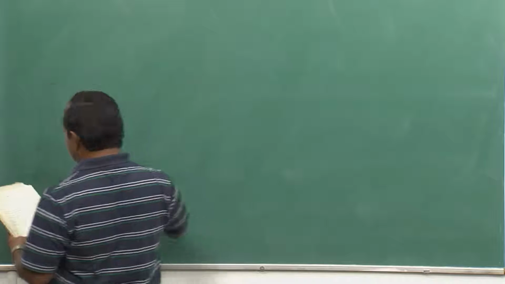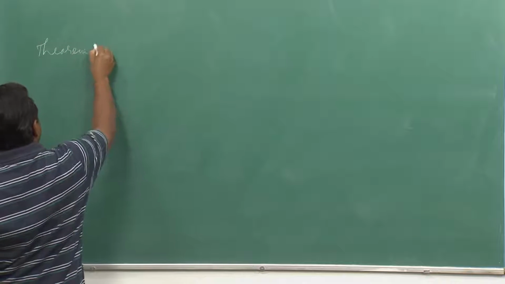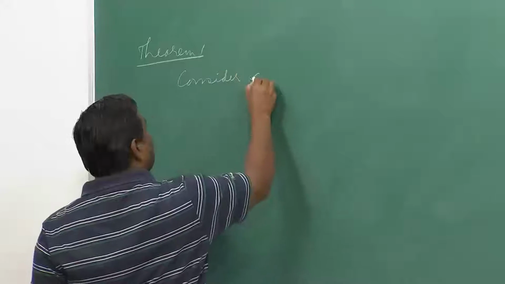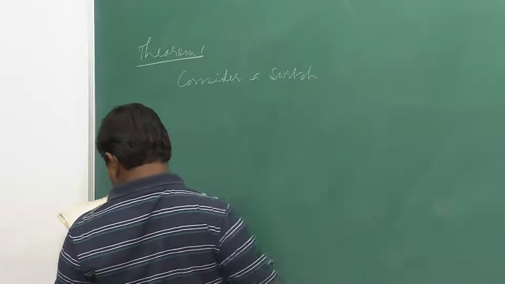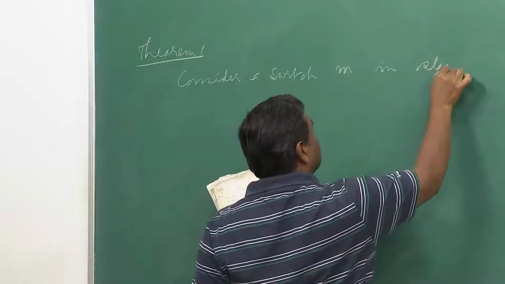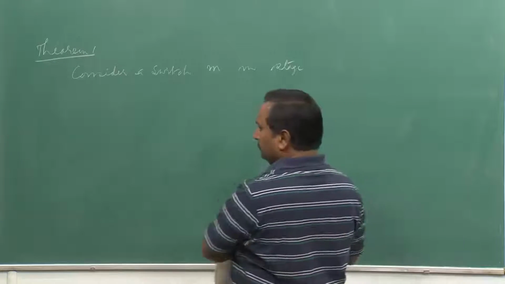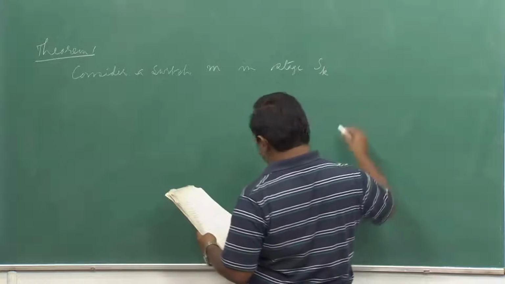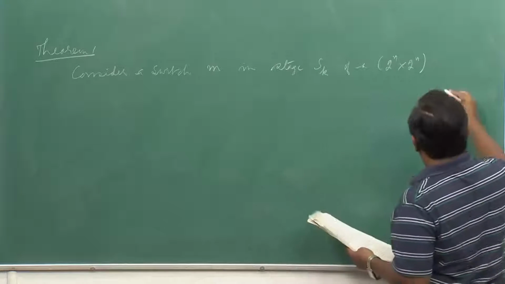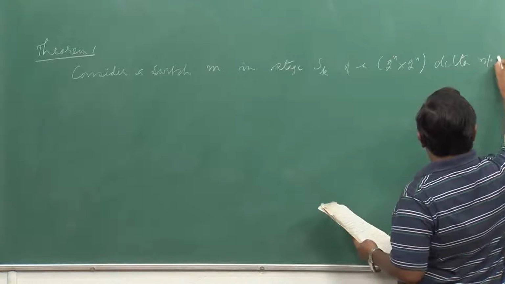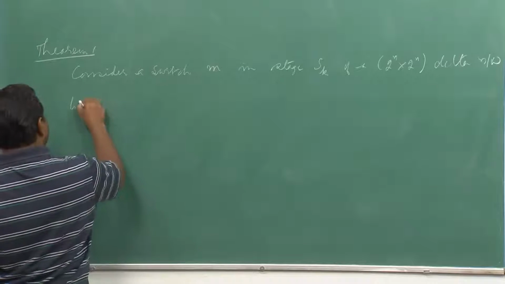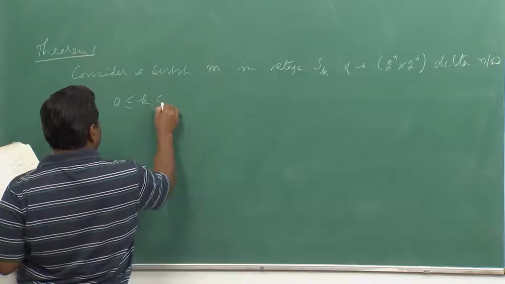So, theorem 1 says that you consider a switch m in stage Sk of a 2 raised power n by 2 raised power n delta network with 0 less than k less than n.